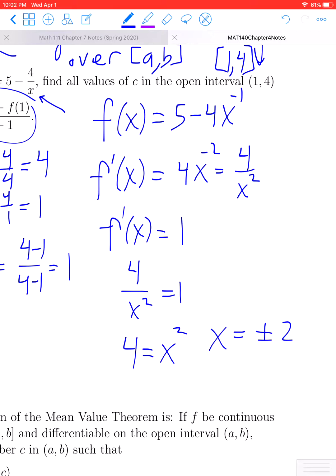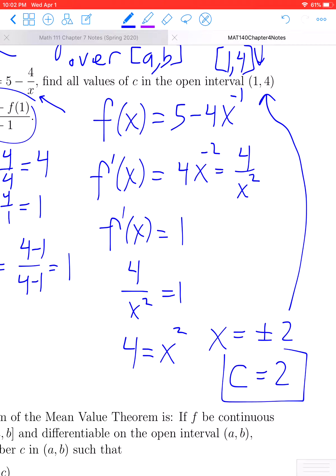So we get plus or minus 2. Only one of those solutions, however, would lie in the interval that we're looking for. So that's going to be the value positive 2. So the value guaranteed by the mean value theorem, where f prime of c is equal to f of b minus f of a over b minus a, in this case is going to be c equals 2.